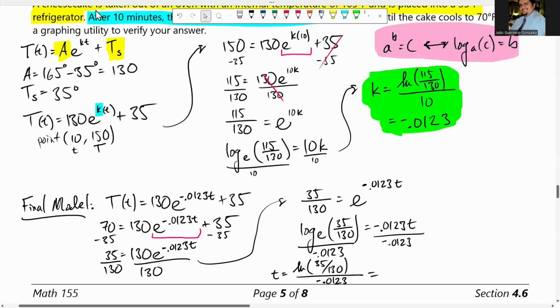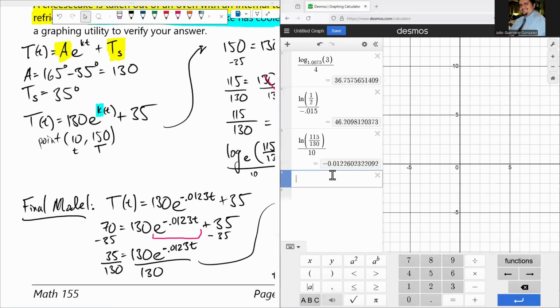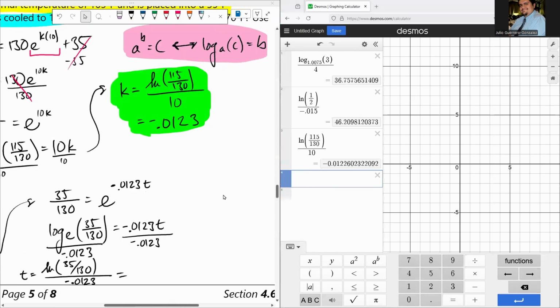And if I throw that into a calculator, ln of 35 divided by 130, divided by negative 0.0123, I get 106.7 about.